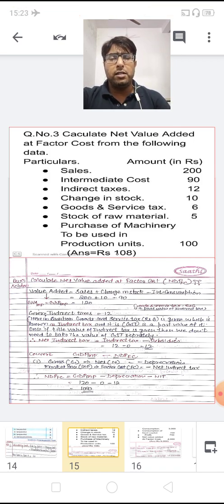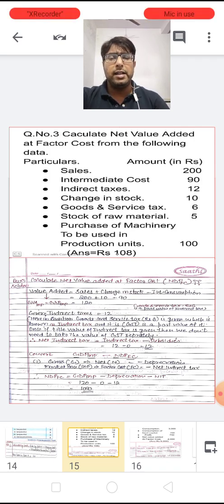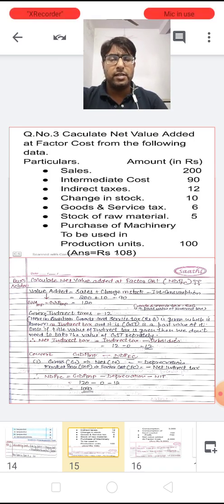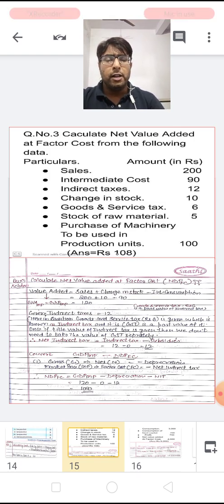We are given the value of sales, thereafter intermediate cost, that is 90, indirect tax is 12, change in stock is 10, goods and services tax 6, stock of raw material is 5 rupees, and purchase of machinery to be used in production units is 100.